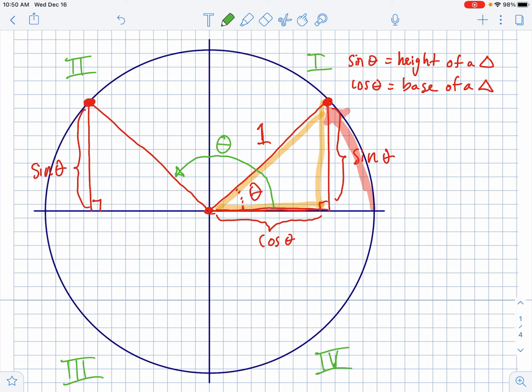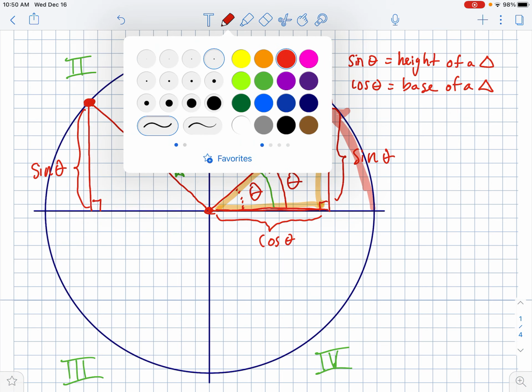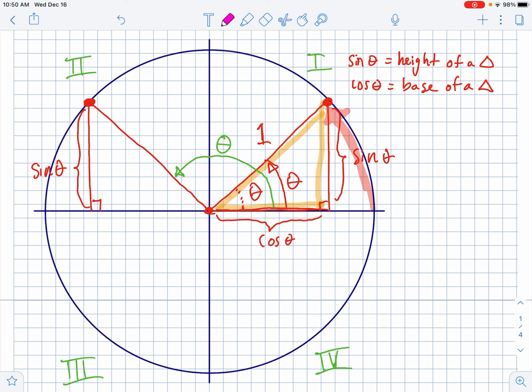Much the same way, if I was to take this positive theta rotation and do a negative version of it, so let's use pink, go this way with it, like this, you would get a triangle down in quadrant 4 that has the same cosine, because the orange triangle and the pink triangle both share that side.